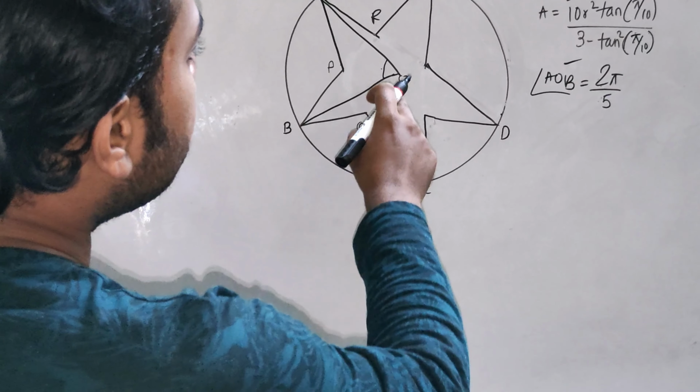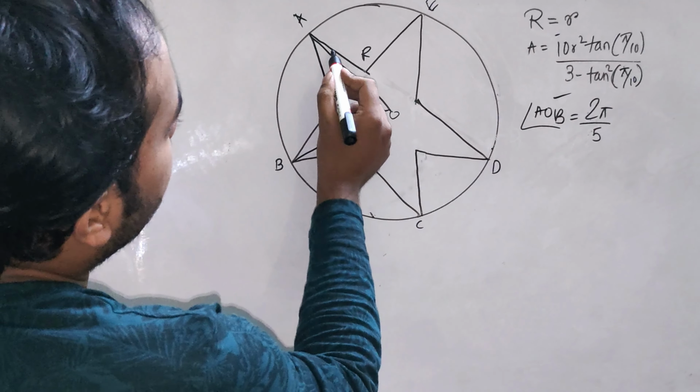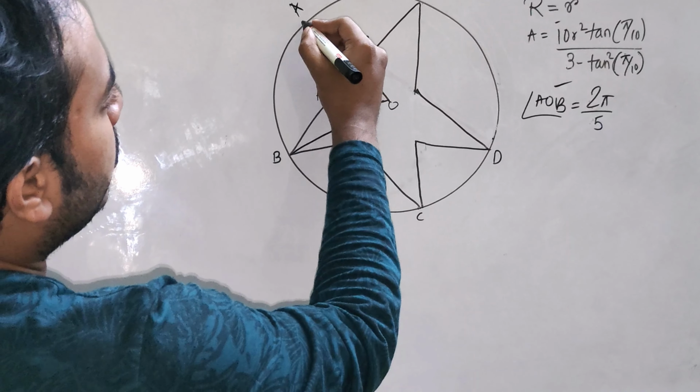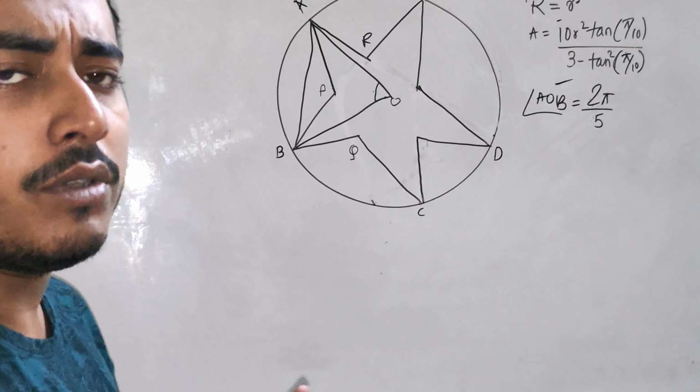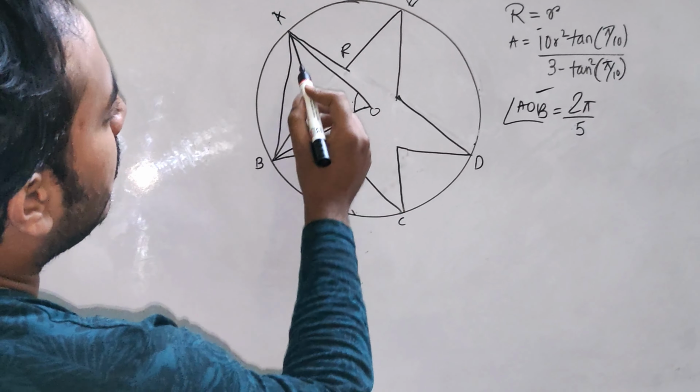Also, we can join AB here. We do not know the length of AB, but that's okay.